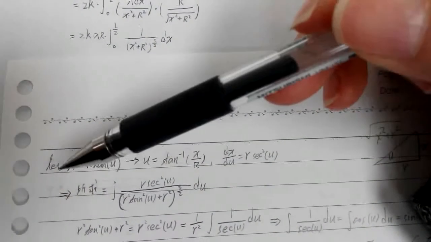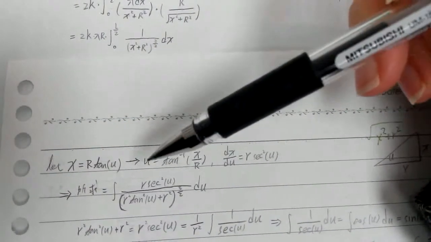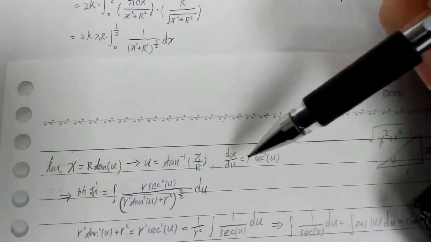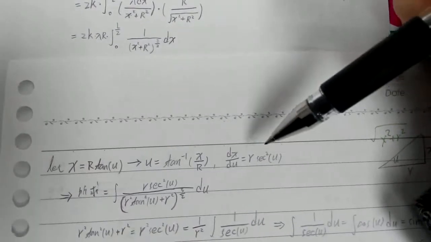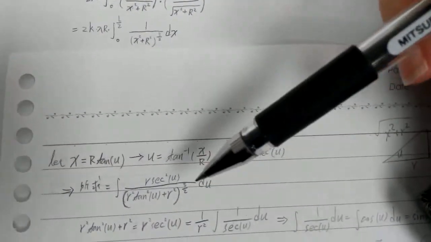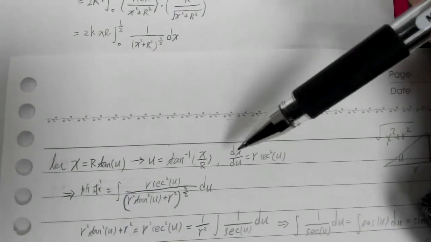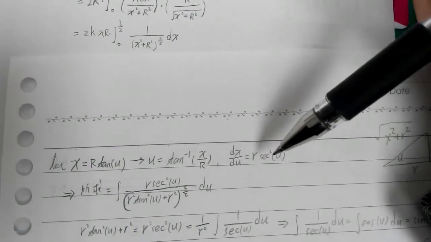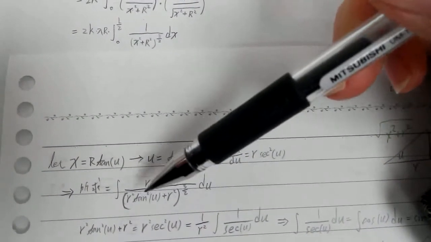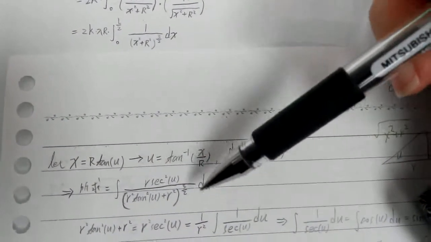We know x equals r tangent u, then we take the derivative. dx over du will equal r sec squared. Okay, from here to here. So we know dx will be r sec squared du.